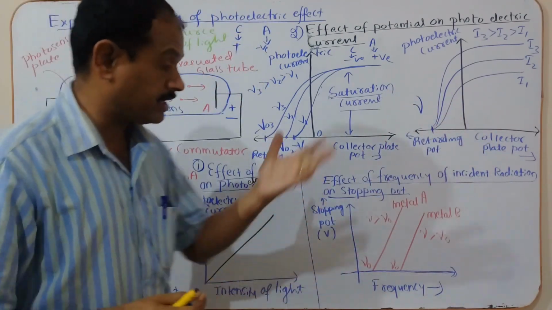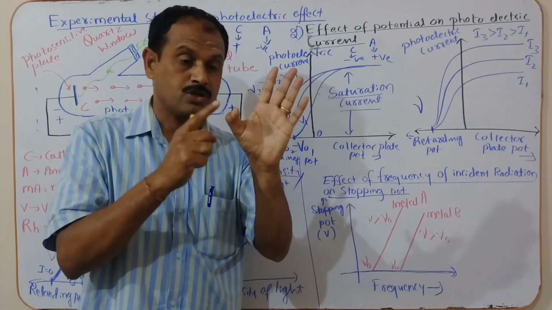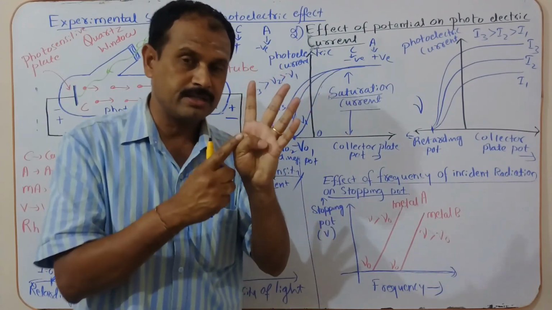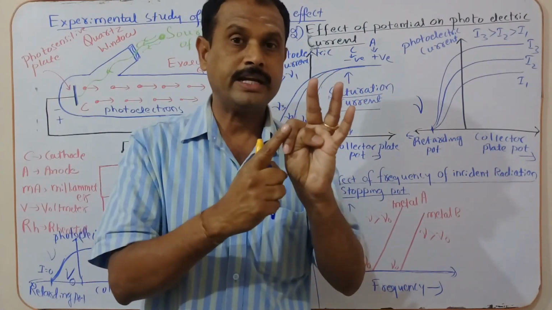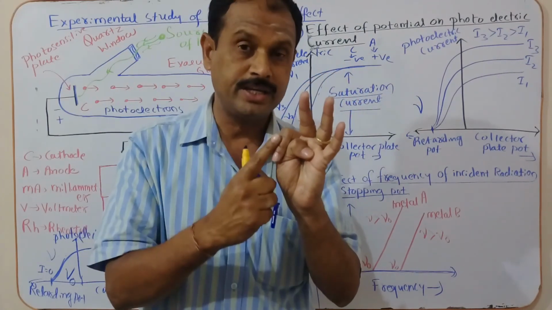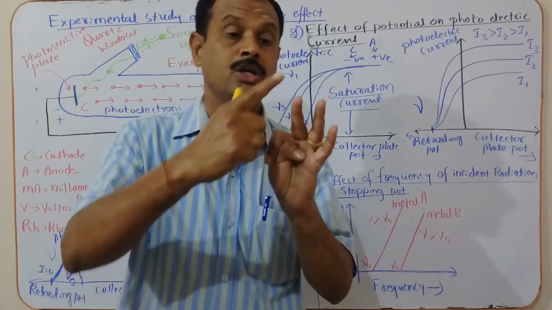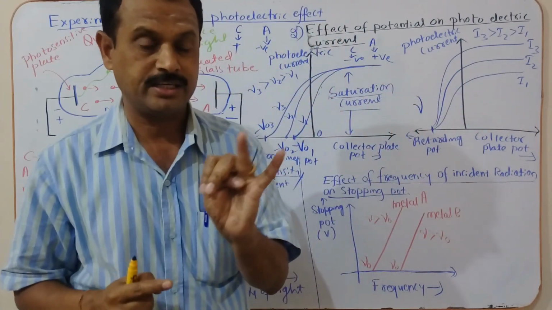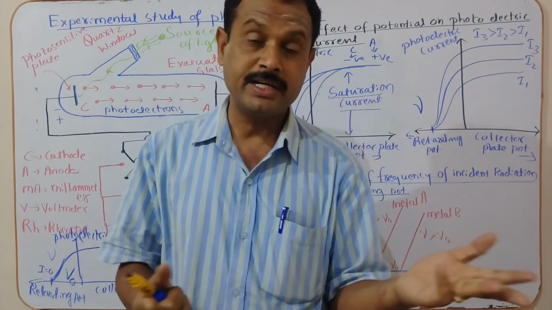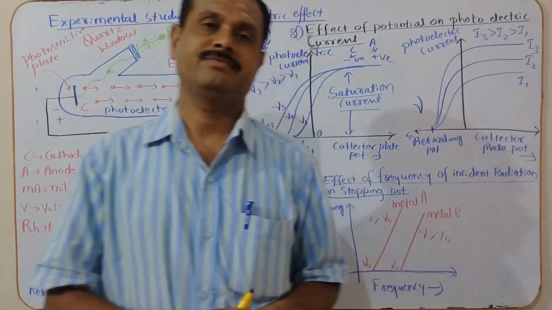Once again I repeat, stopping potential depends on frequency. Saturation current is independent of variation of the frequency. Stopping potential is independent of intensity. Saturation current depends on intensity of light.